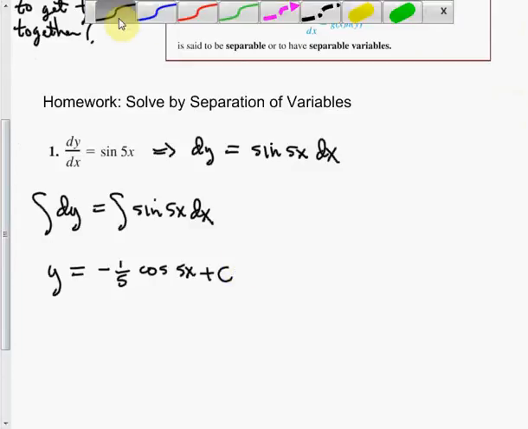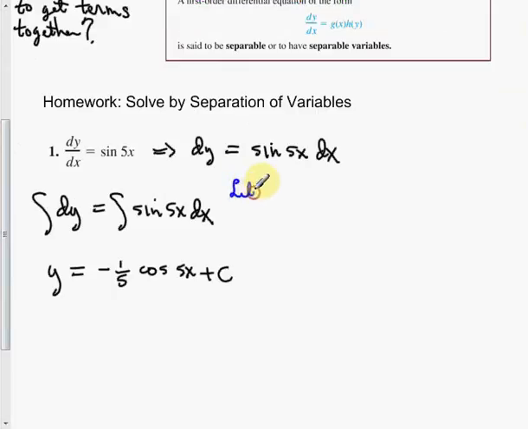So let u equal 5x. This implies that du is equal to 5 dx. But you want to isolate to get the dx. So the dx would be 1/5 du.